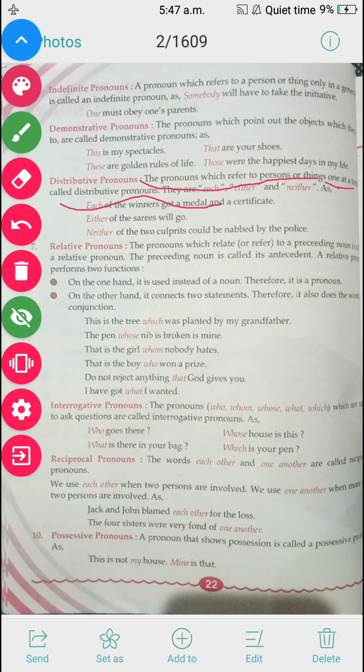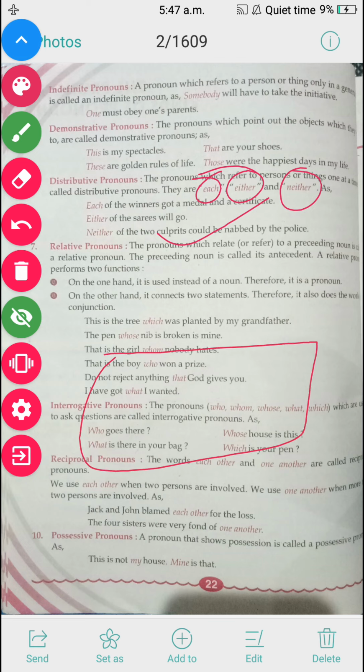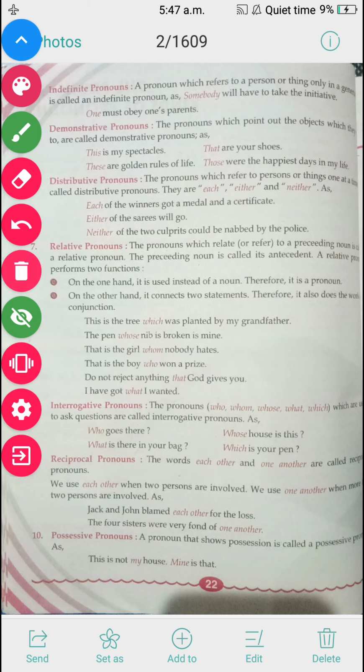They are each, either, and neither. These distribute. Suppose this is something and you are dividing it to give to someone, to get it done by someone. These are called distributive and distribution.